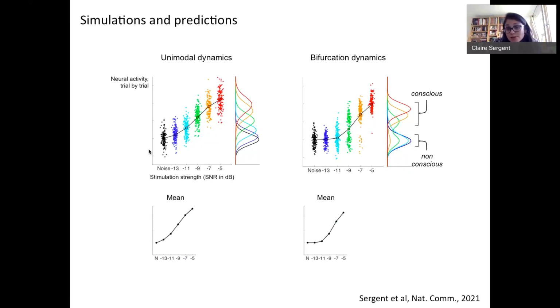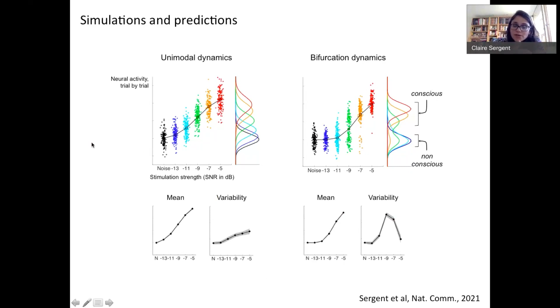Another coarse summary statistic that we can look at, if the mean is not useful, is variability across trials. And variability across trials might be diagnostic because for unimodal dynamics, we expect variability across trials to either stay flat or increase with the mean, scale with the mean.